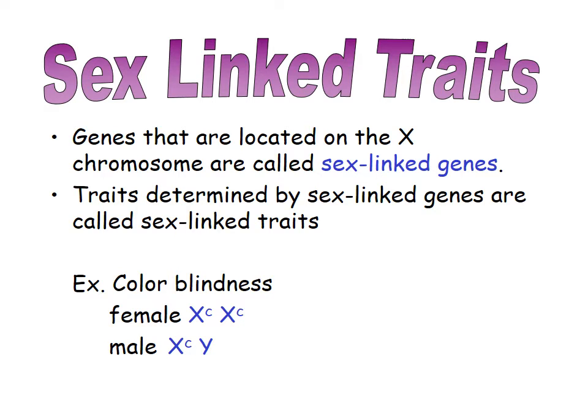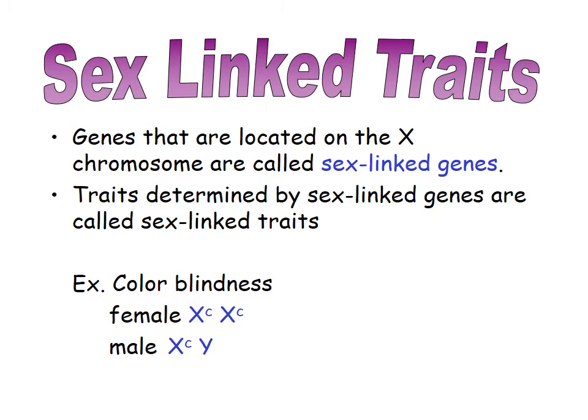You can see that the genotype for a sex-linked trait at the bottom has the X and Y chromosomes, because that is the actual chromosome that the gene is on, and you notice at the top there is a superscript. You see that there's a little c. So just like before with genotypes, you still have letters, but the top right letter is what the genotype of that trait is.